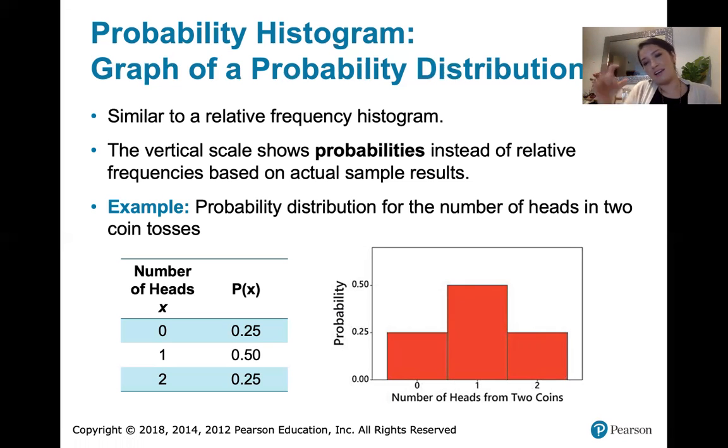So I take 1 and multiply by the probability, and I get the probability. So this area is 0.5. This area for the rectangle on the right is 0.25, and this area is 0.25. If we add all of those areas together, we get 1, which is the same as summing up all of the probabilities. We're going to see this correspondence between area and probability again when we get to chapter 6.